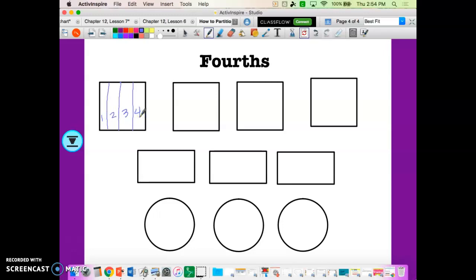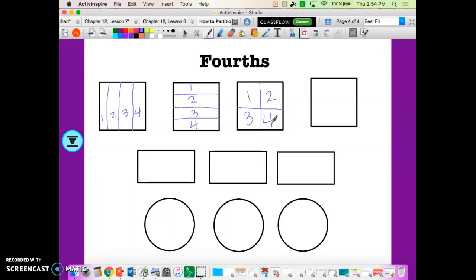I could do this same concept going horizontally. I could go from side to side, cut it in half, and then in half again. So then I end up with 4 pieces that cut horizontally this way. We called it kind of a picture frame where I could cut it into fourths, go down the middle, and then from side to side, and end up with 4 pieces.